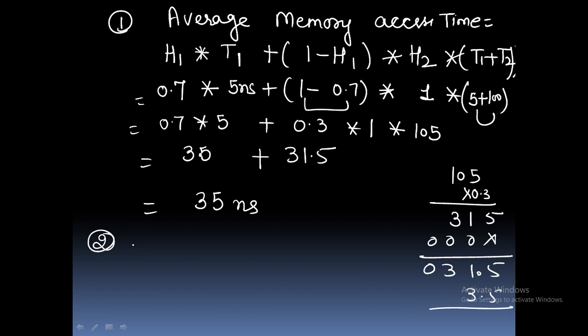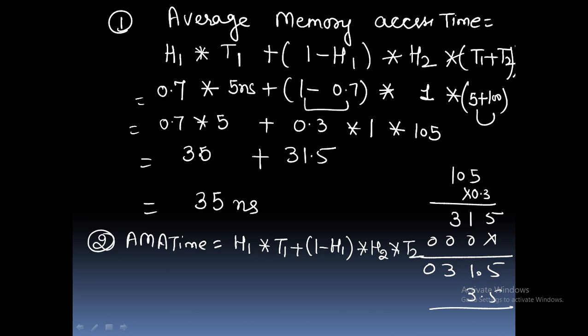In this case, we will use formula average memory access time is equal to H1 multiply T1 plus 1 minus H1 multiply H2 multiply T2. H1 is given 0.7 multiply T1 5, 1 minus 0.7, 1 multiply 100.